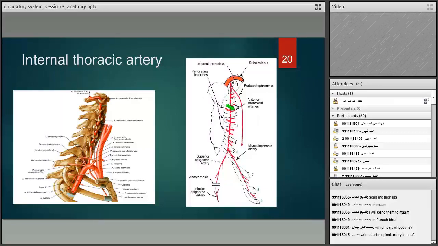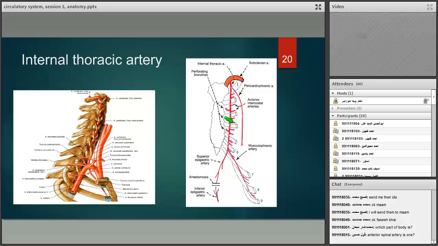The anterior intercostal arteries are passing their way on the anterior side of each intercostal space and are anastomosing with the posterior intercostal arteries. These are the anterior intercostal arteries and are anastomosing with the posterior intercostal arteries.